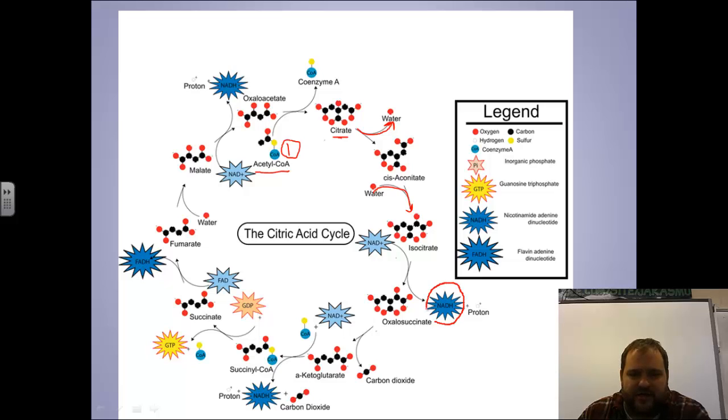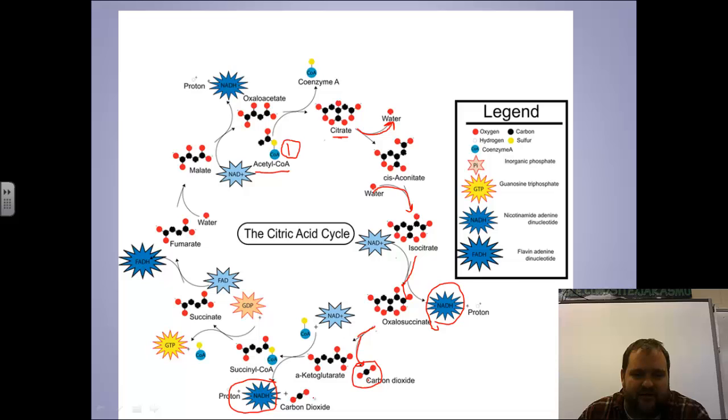We keep changing it, and eventually we pull out a carbon dioxide. There's one of the 2 carbons that we just put in. Then we change the molecule again, make some more energy, here's a second NADH, and we pull out another carbon dioxide.